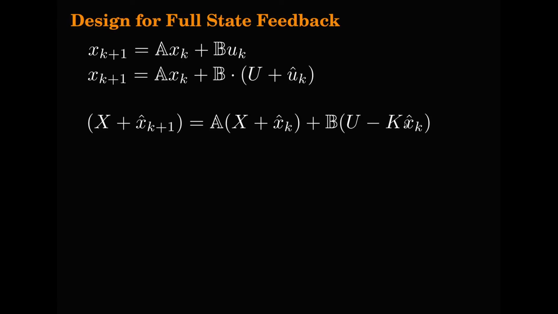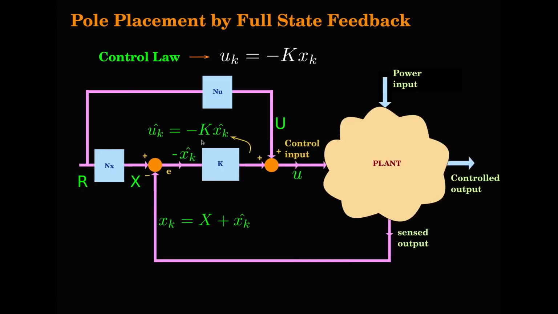Recall that the controller output is the input, which is minus x(k) hat into K, which will be the small signal value of the control input, which is basically the controller output. So this is the control law, and this is what we would like to replace in that equation.